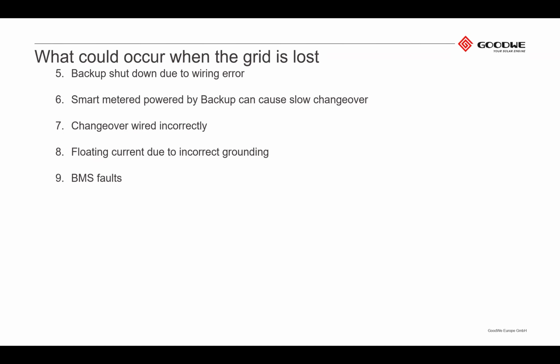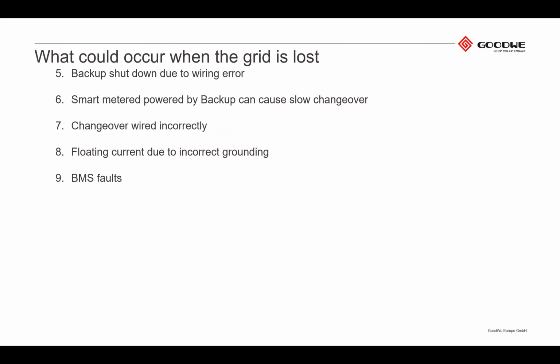Very often there is also floating current. So that's floating current between your neutral and earth. So sometimes, like on the ES, the backup earth terminal is not connected or anything like that. And then we can get that floating current. And that can cause issues with BMSs and such.